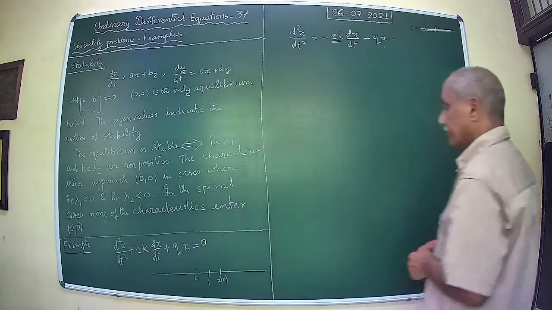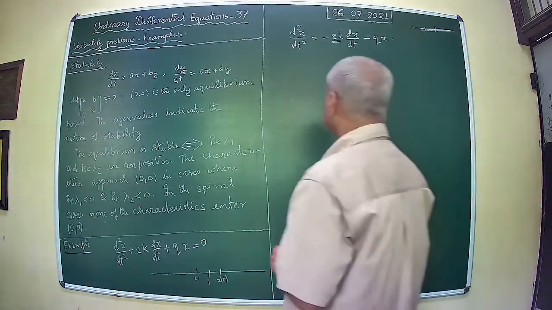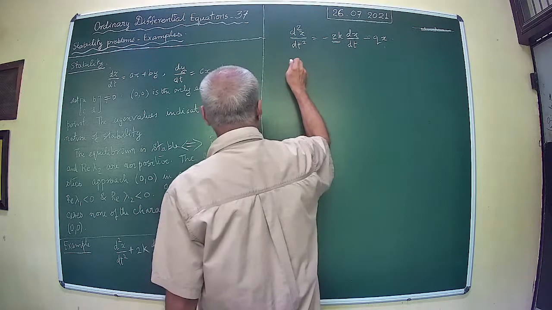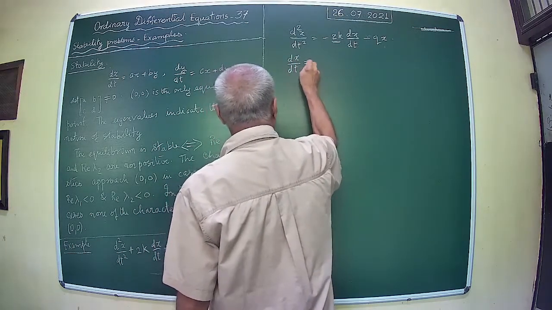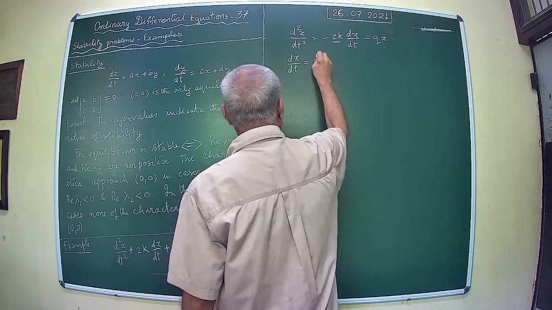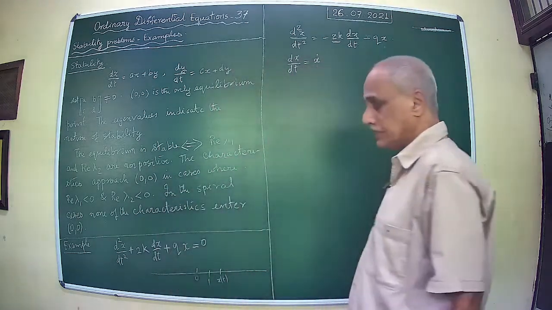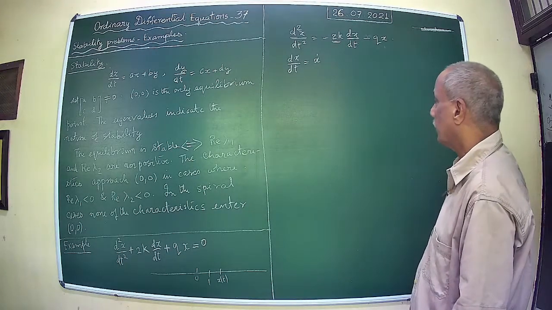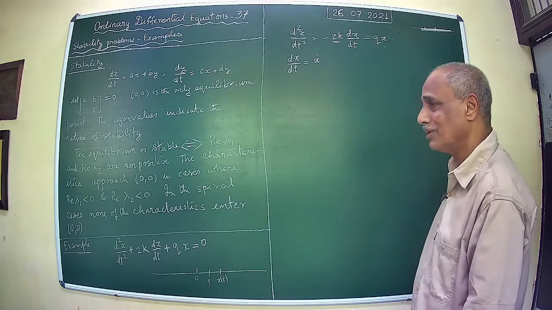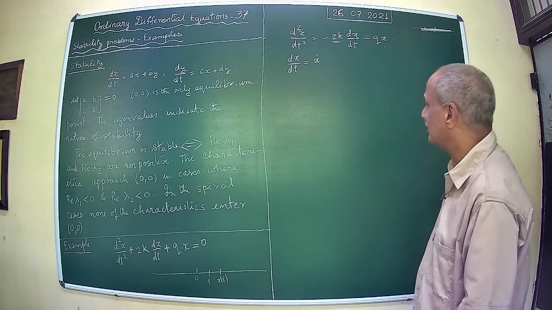Now let us first convert this into a system. We denote by x dot. This is the classical notation of Leibniz. Sorry, I think Newton or Leibniz. I think Leibniz for derivative.